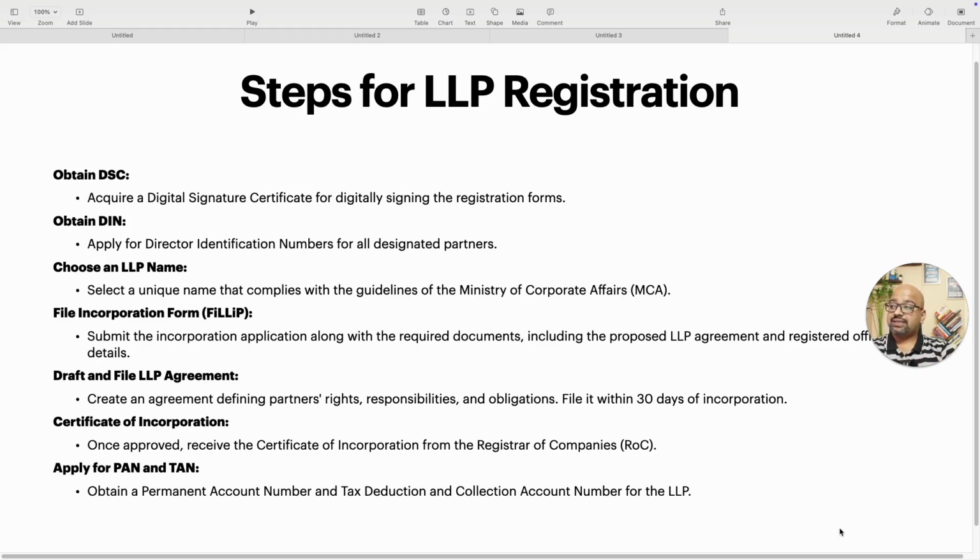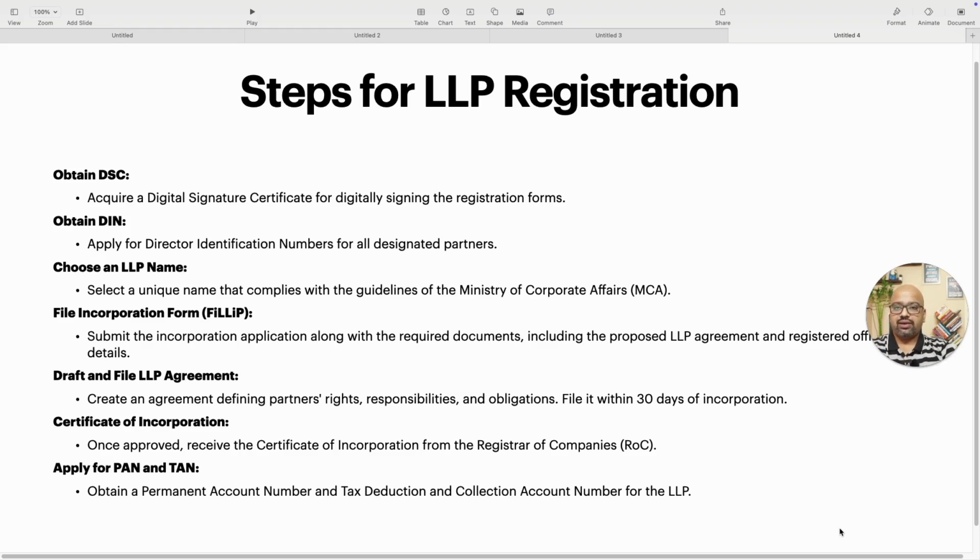Then what is next? Then file the incorporation form. That is where you need to submit all the documents. Along with that, you need to draft and file the LLP agreement with the Ministry of Corporate Affairs, and this has to be done within 30 days of your incorporation.